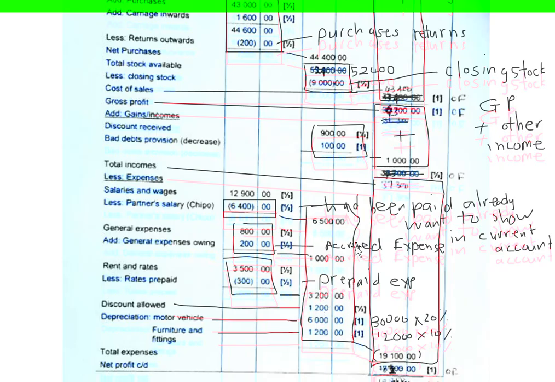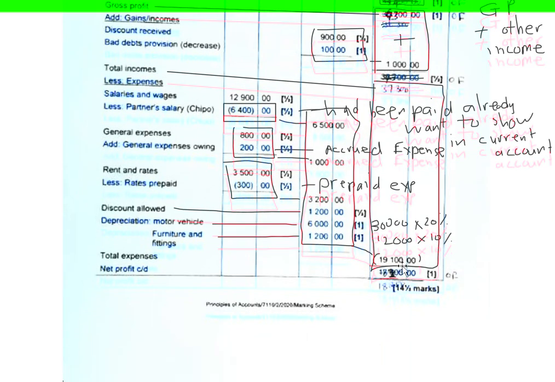1,200. Now if we add up the total expenses after these adjustments, the total expenses are 19,100. There we total it up, 19,100. So what is the net profit?